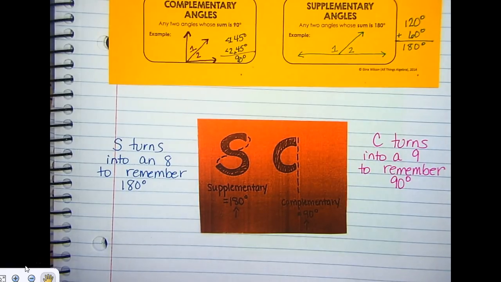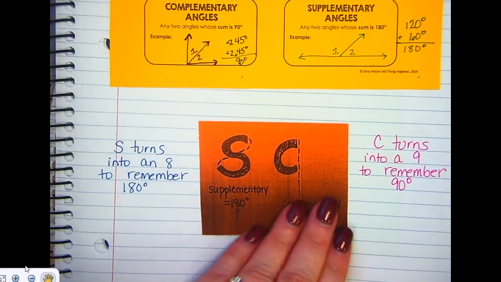Then we're going to turn the page and look at that green foldable from Monday. There's 2 of those flaps that we need to complete on complementary and supplementary angles. Okay, anybody still working on this?